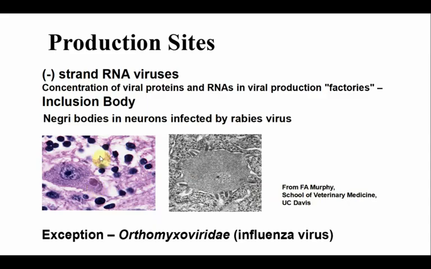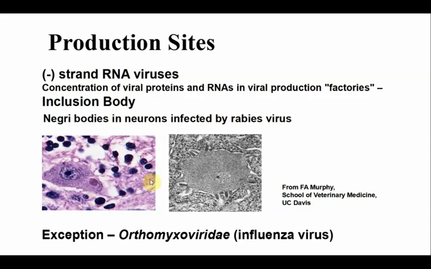So this is a kind of a biopsy or a necropsy sample of a person or perhaps an animal that was infected with rabies. And you can see these neurons which have these unusual inclusions here called Negri bodies. They are characteristic of infection by rabies virus.